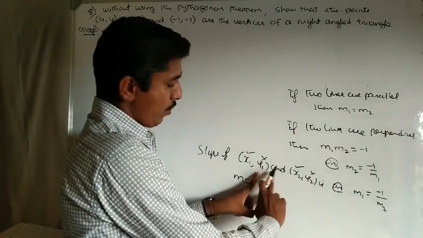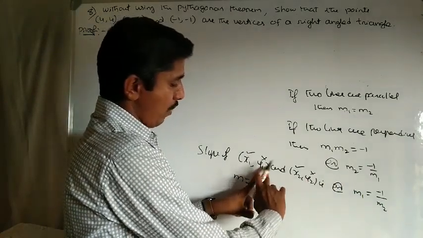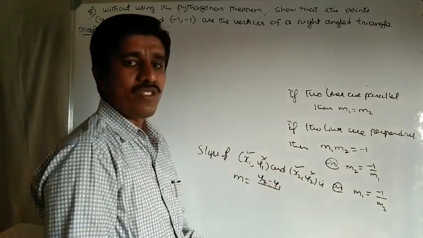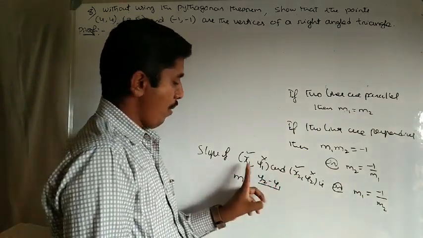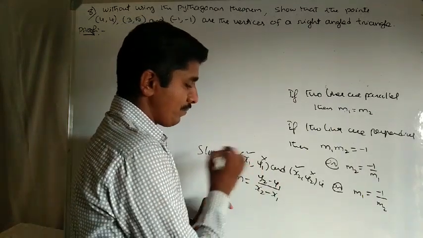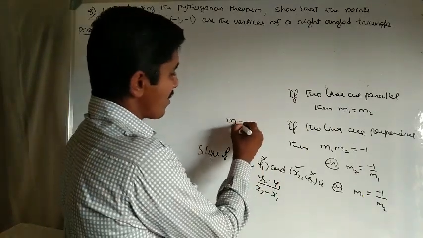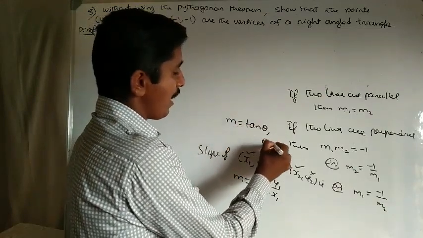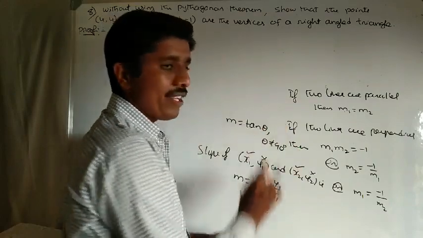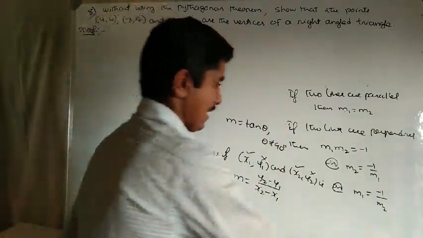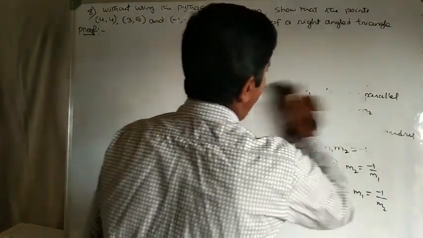The difference of the y coordinates means y2 minus y1, divided by the difference of the x coordinates, x2 minus x1. And the slope of the line is also given by m equal to tan theta. Here theta is called the inclination of the line, and theta is not equal to 90 degrees. Very, very important basic concept. So now let us go to the problem.